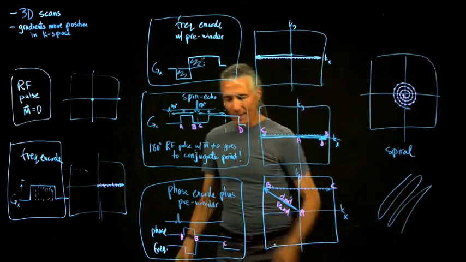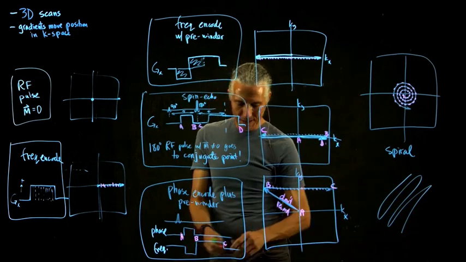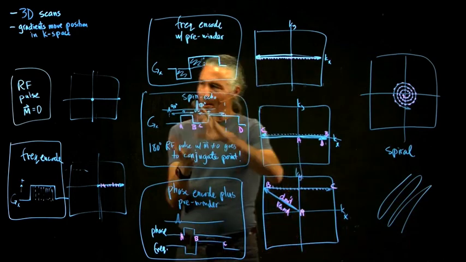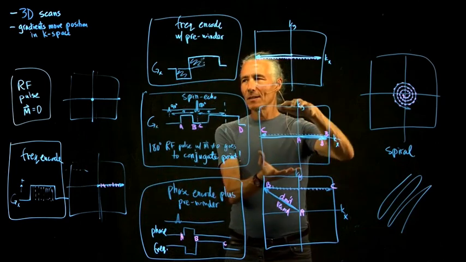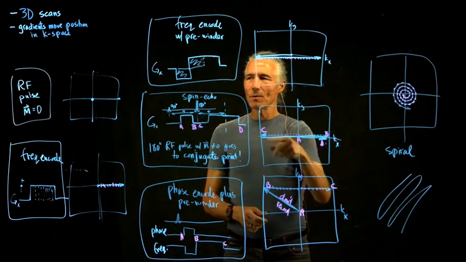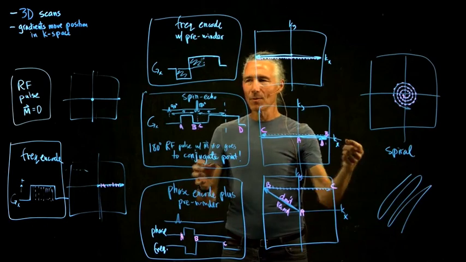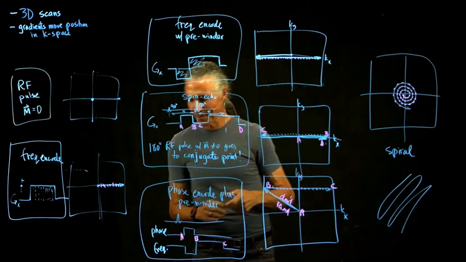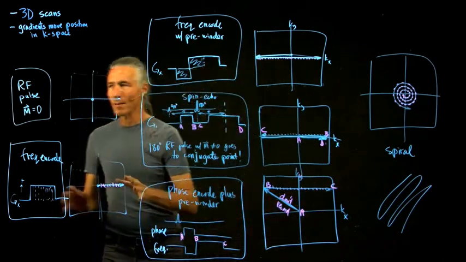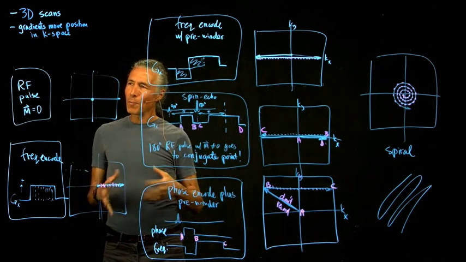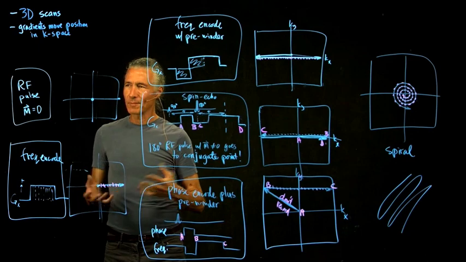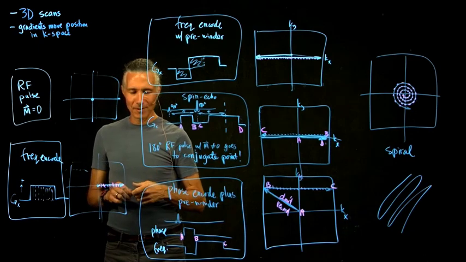So this is a good way of thinking about it, not having to think about all the spin stripes. You just have a two-dimensional or three-dimensional K-space, and the gradients just move you around in it, and a 180 will flip you to the opposite side. So that's the way from now on we'll be thinking about how pulse sequences work in this more abstract space, but you'll get used to it.